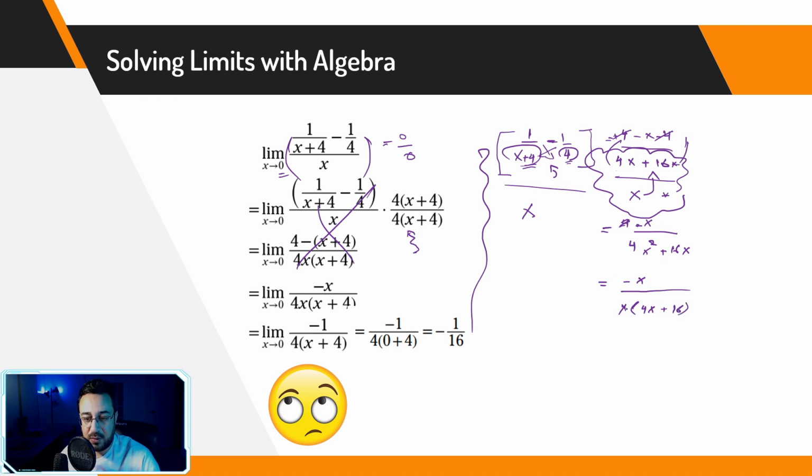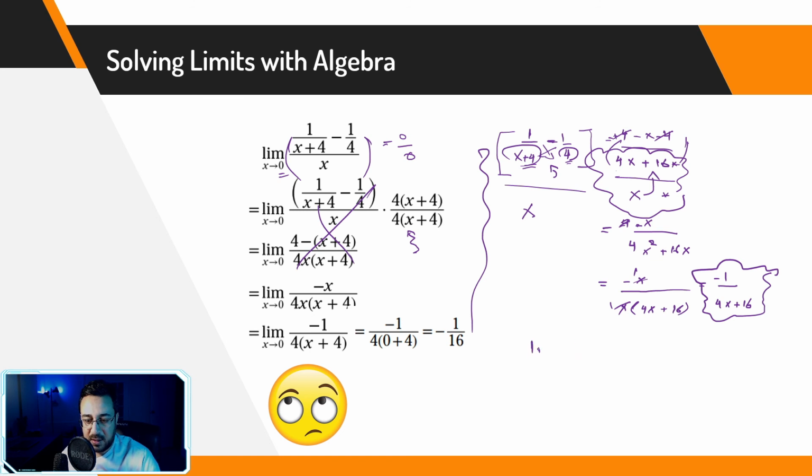Now we can do some elimination. x in the numerator with the x in the denominator results in 1. That equals minus 1 over 4x plus 16. So that's the simplified expression that we got from the little operation that we did up there.